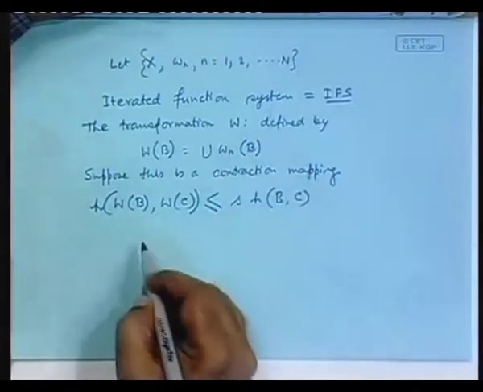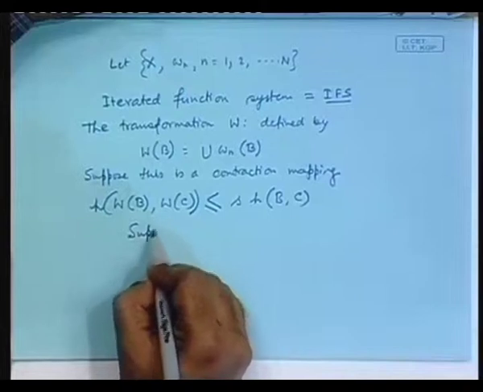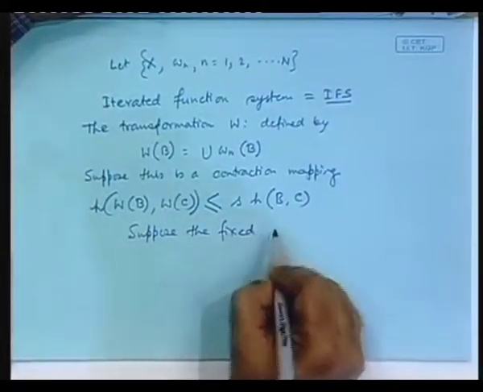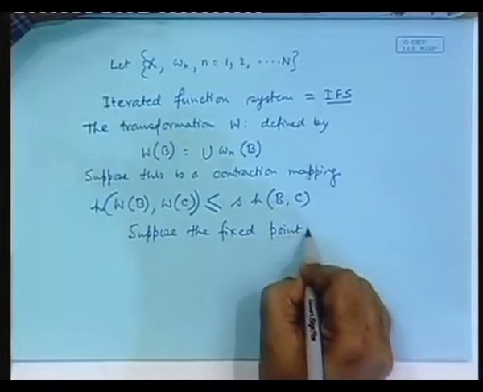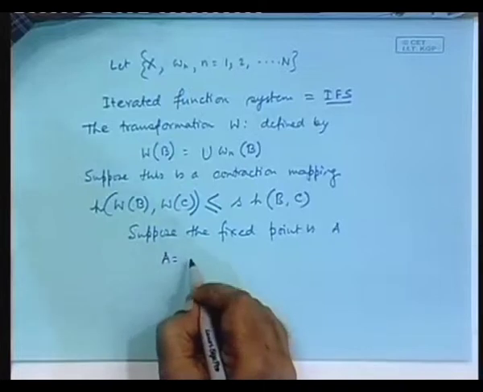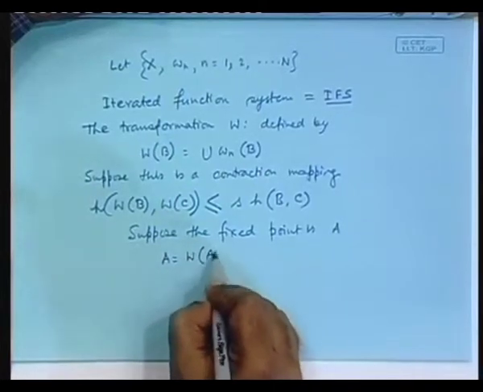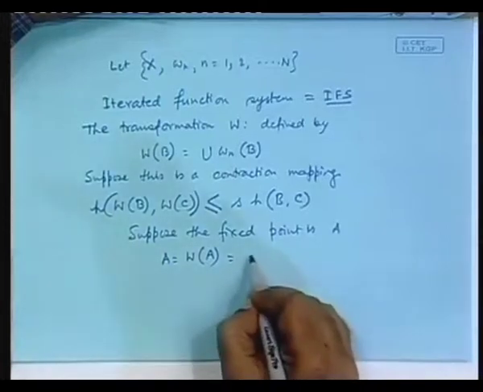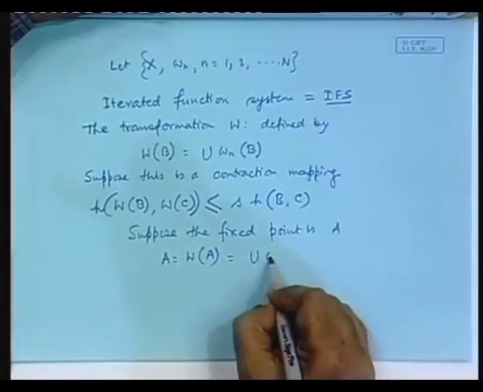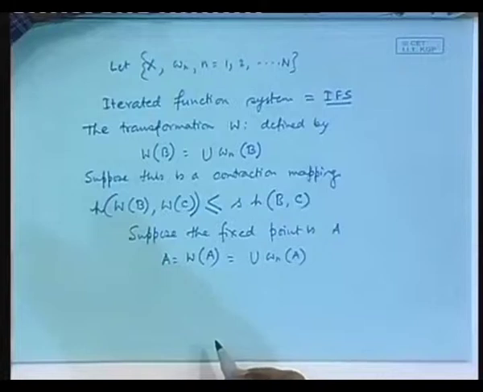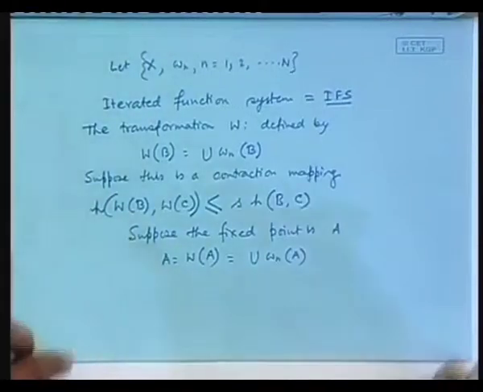Suppose the fixed point is A. So, A is nothing but the union of the Wn of A. What does it mean?